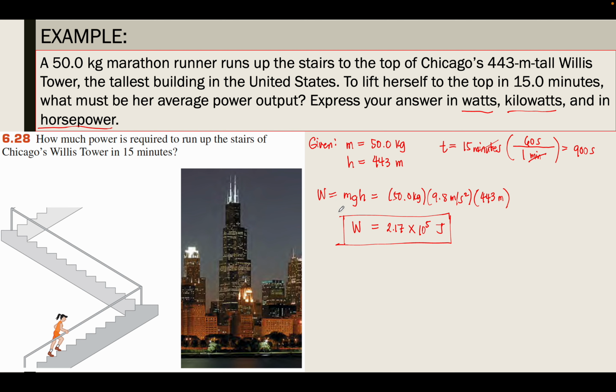Okay, so now since we have the value for work, we can solve for the average power output of this runner. Average power is equal to the work done divided by the time. So we have 2.17 times 10 to the power of 5 joules divided by 15 minutes, which is equivalent to 900 seconds.